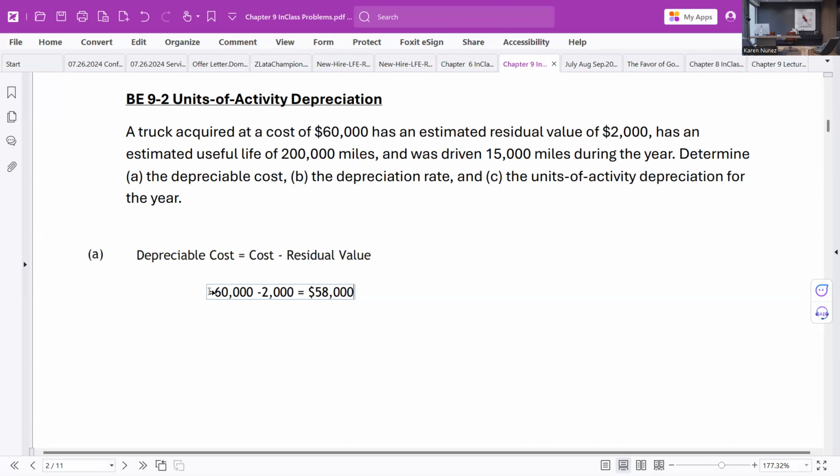The next thing we need to know is the depreciation rate.